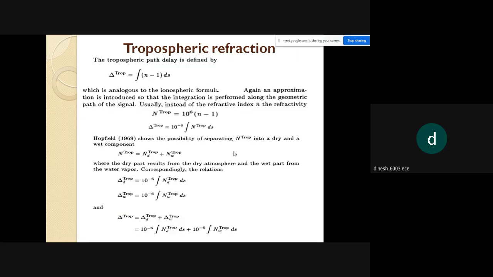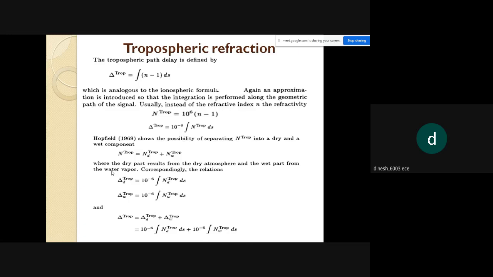So he segregated them as N tropospheric dry and N tropospheric wet. How do we determine the dry part and wet part? By the water vapor. When it is dry, it is the dry region, and when it is wet, we call it the wet part.